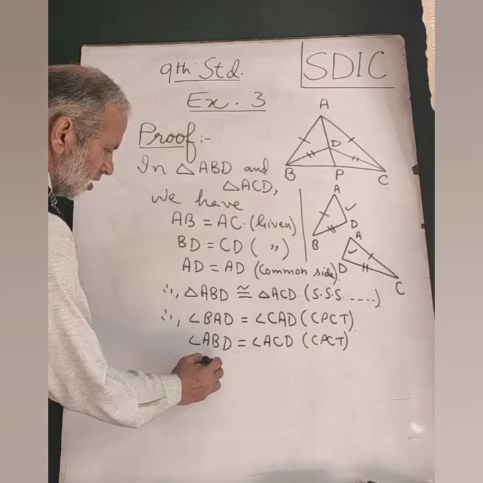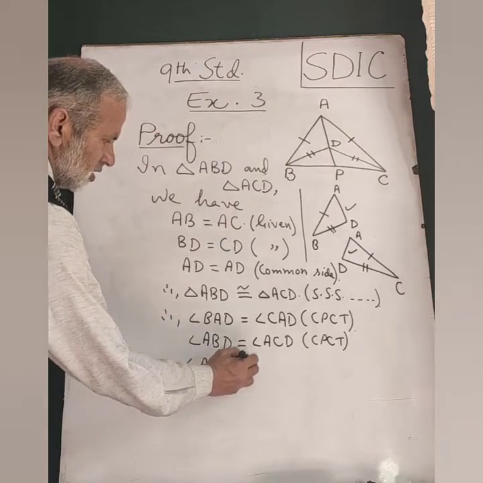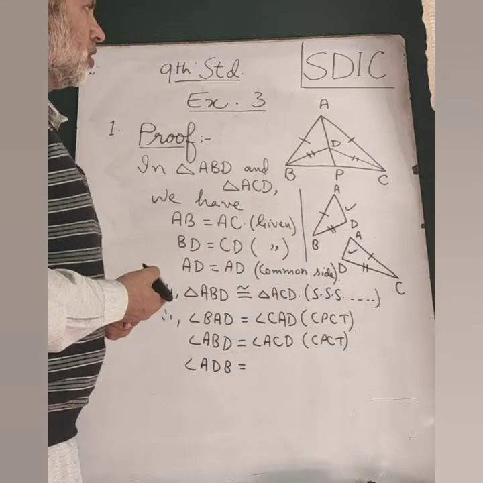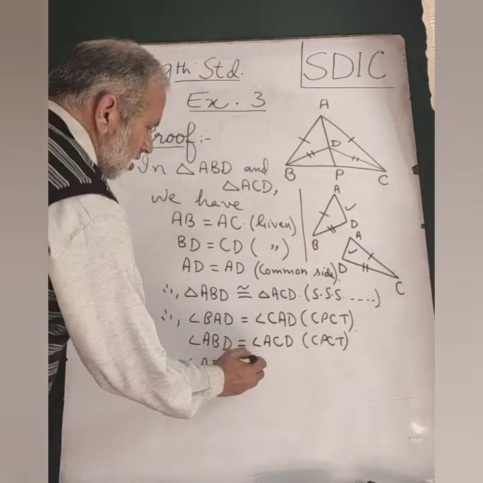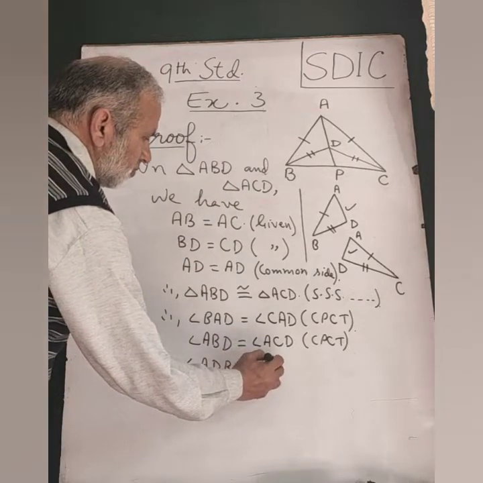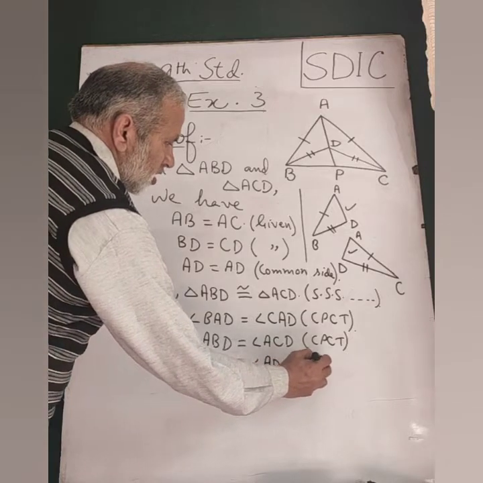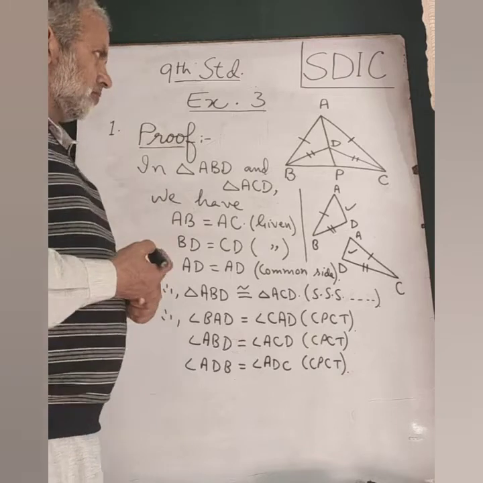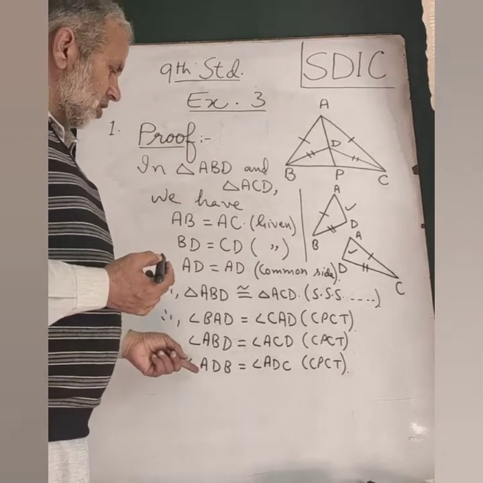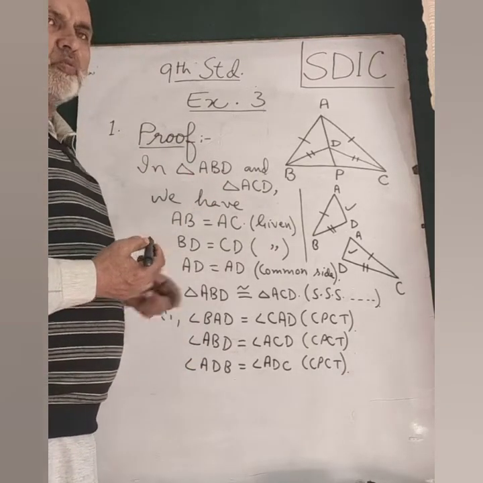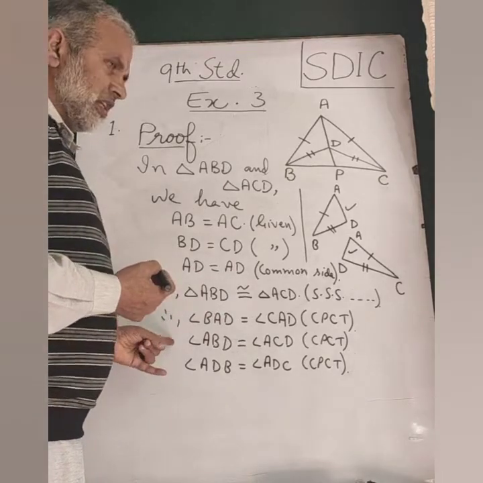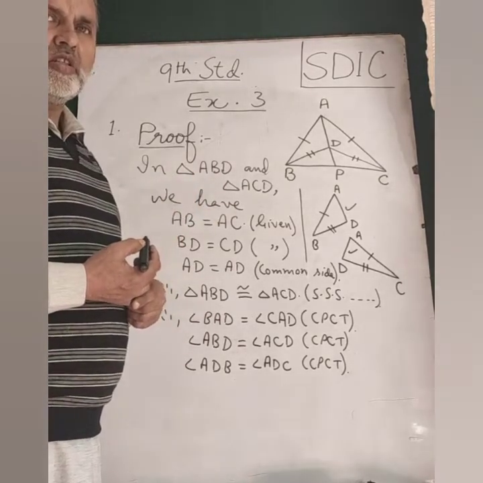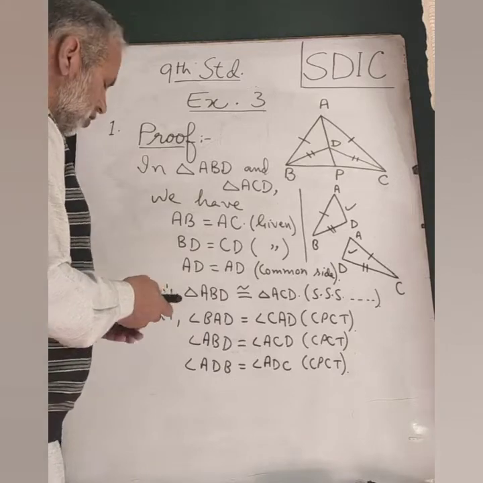Though this will not be used anywhere later, you can write it if you want to. Angle ADB is equal to angle ADC, again CPCT. That completes our first part. We kept 3 results ready also for application in the remaining parts. Over to the second part.